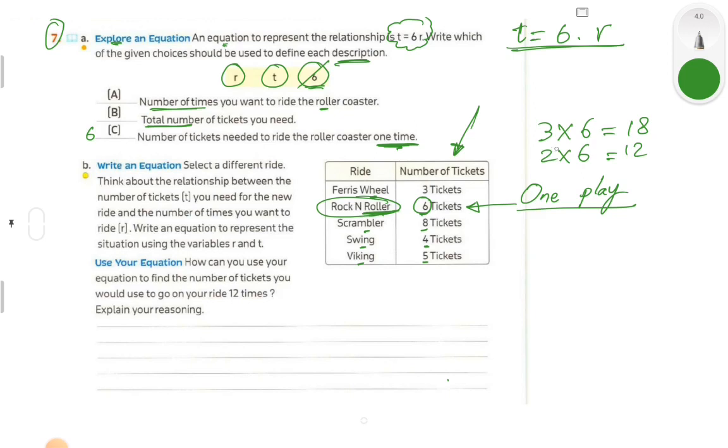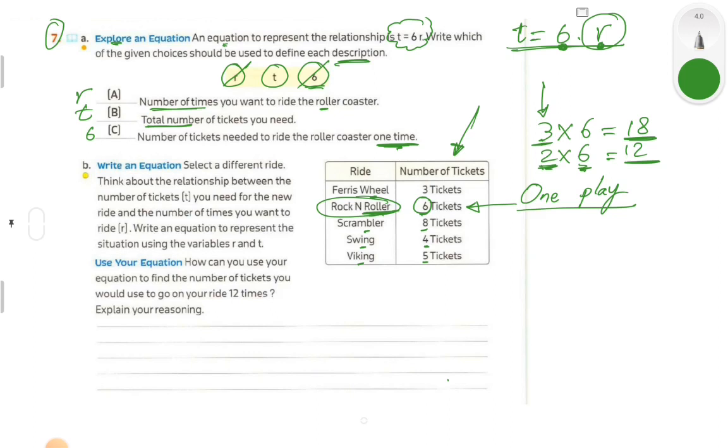So the variable beside 6 is r, the number of times you ride. The number of times you want to ride the roller coaster is r, and the total tickets is t.